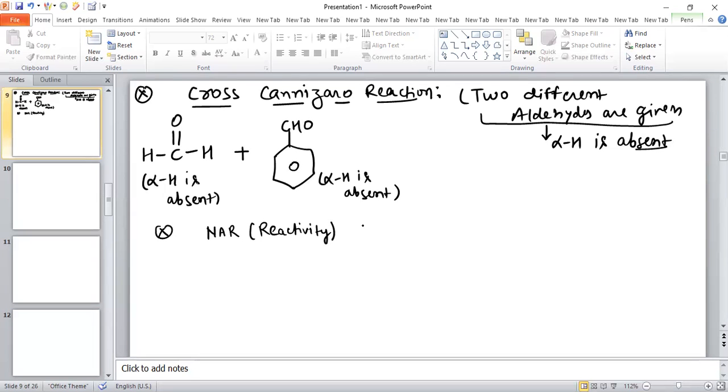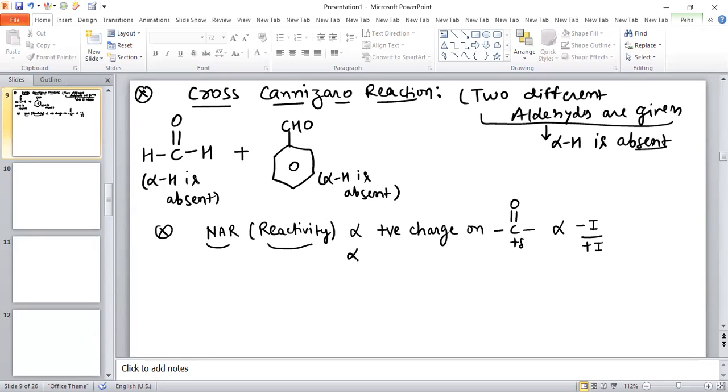The reactivity in nucleophilic addition is directly proportional to the positive charge on the carbonyl carbon, which is directly proportional to the minus I group and inversely proportional to the plus I group. And second, the nucleophilic addition reactivity is inversely proportional to steric hindrance. So which is more reactive? Now see.